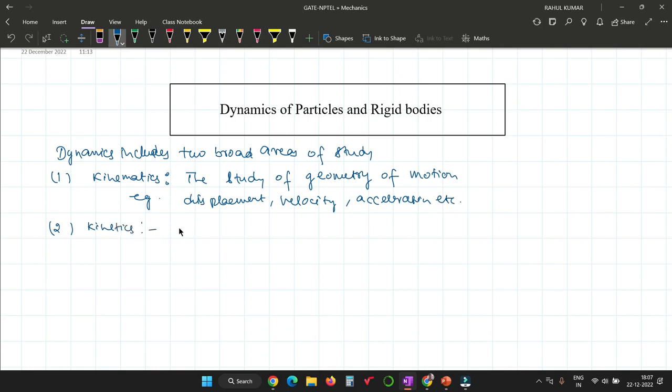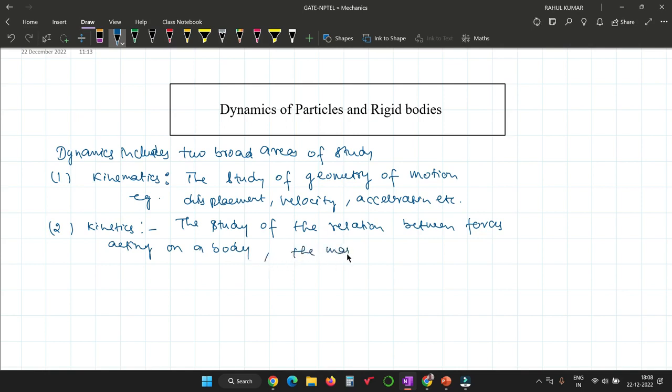And the second class is called kinetics. Okay, and this is the study of the relation between forces acting on a body, the mass of the body, and the motion of the body.